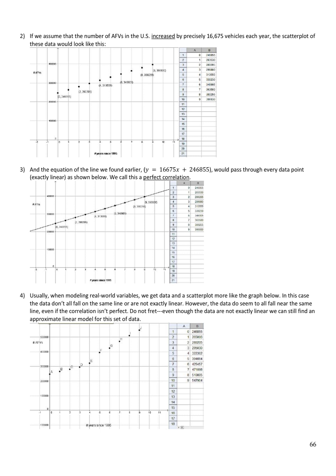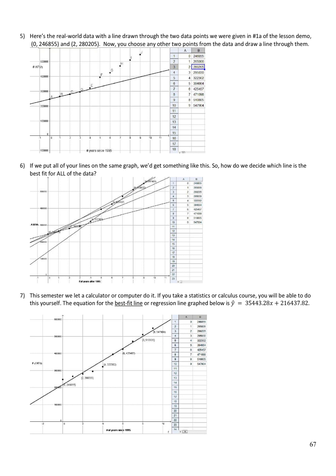But usually when you're modeling real-world variables, as is the case here, we get data and a scatter plot more like this graph. Okay, it's not a perfect line. So all the data don't fall in the same line. They're not exactly linear, but they do all seem to fall near the same line, even if the correlation isn't perfect. So don't worry about it. Even though the data are not exactly linear, we can still find an approximate linear model for the data, often called a line of best fit.